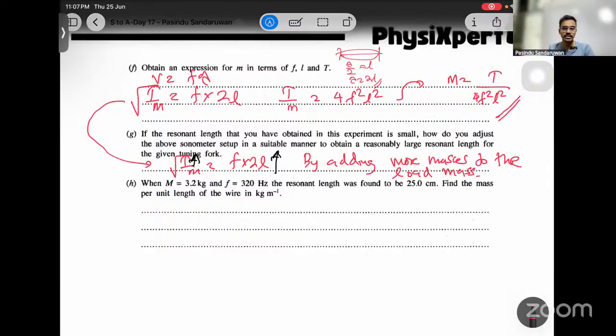Tension is indirect, something that happens after changing this. So what we do is change the mass. In a structured answer, that's how you should write. What we do is add masses, and due to adding masses, tension changes. That's true, but we can't write it as changing tension. They are very critical when it comes to structured questions.